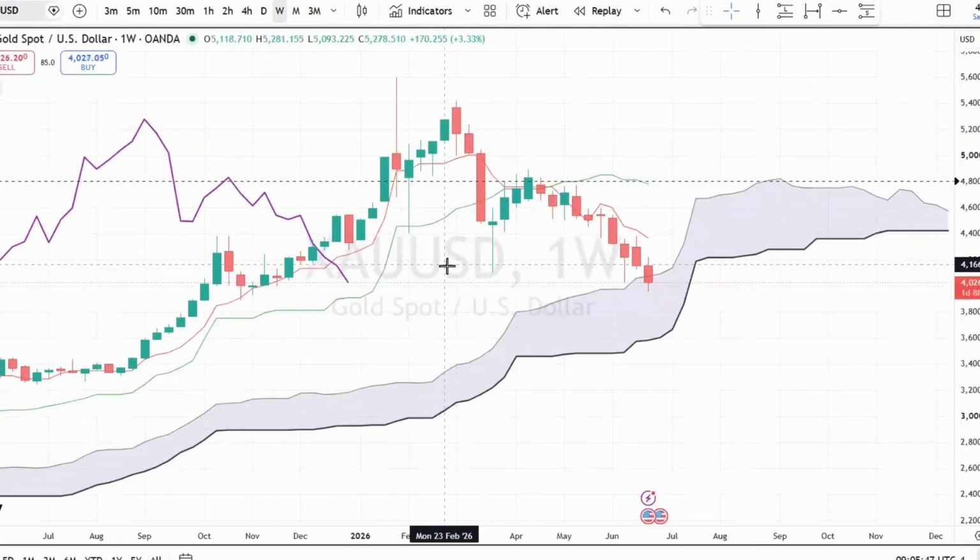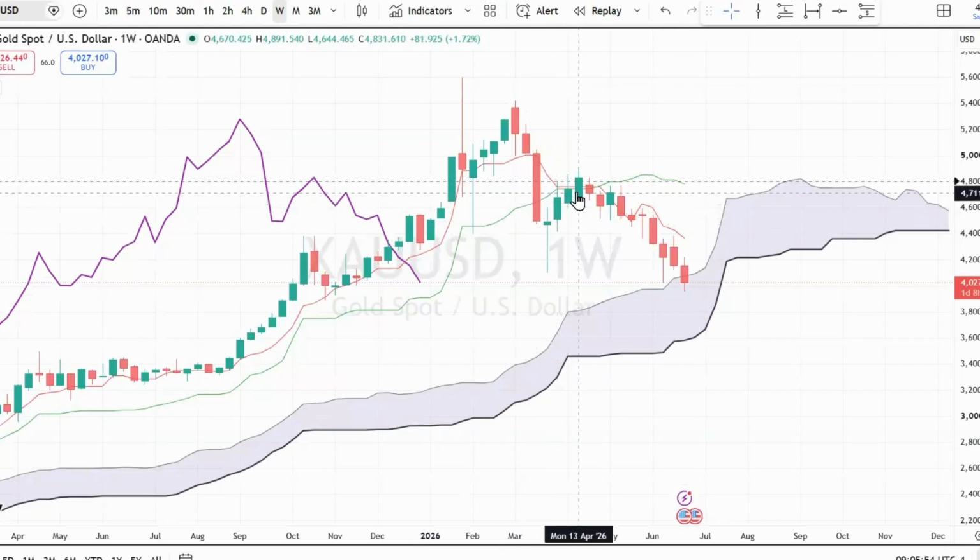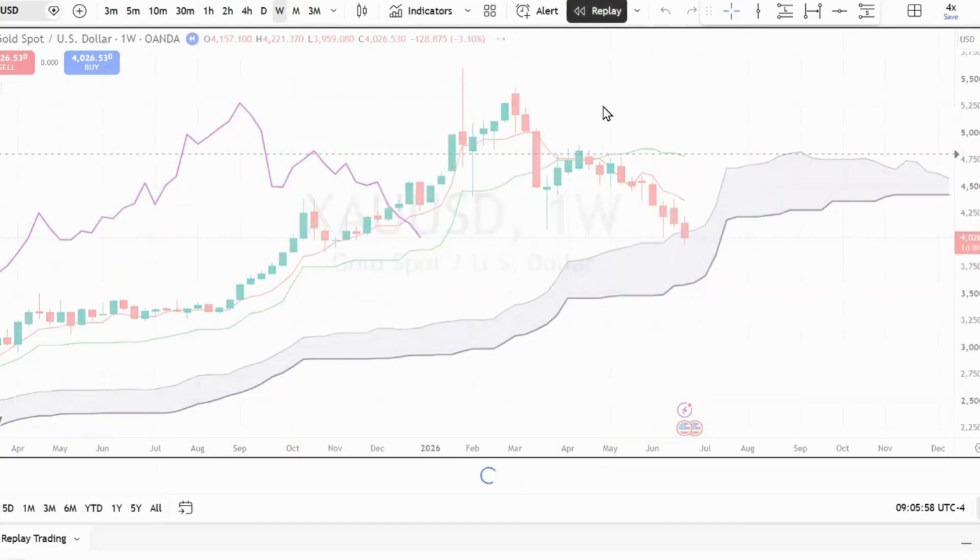So if you look at gold here, you could see here, this is below the cloud here, right there, okay? You finally closed above the cloud here, so let's go to this replay mode right there.